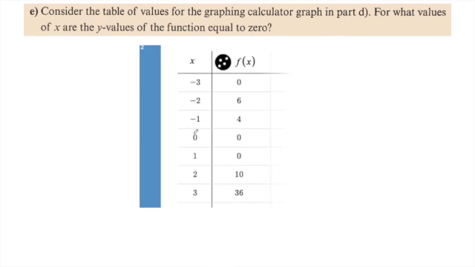Okay, as well as if you put the table of values in for that equation, you could get negative 3, 0; negative 2, 6; negative 1, 4; 0, 0; 1, 0; 2, 10; 3, 36. That would just be from using that equation and plugging in those values.